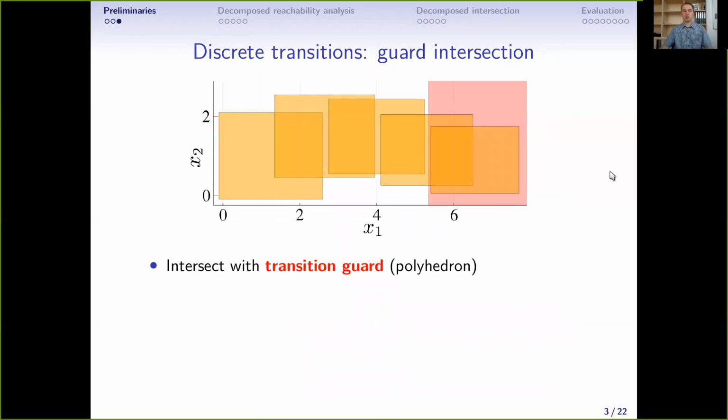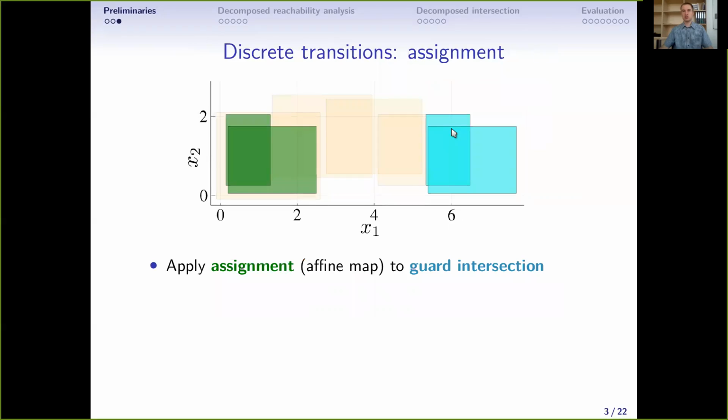So this was the part for being in a location, but then when you take a transition, you have to check that you satisfy the guard. So you intersect with this guard, and then the set that you obtain, this intersection, you will then apply the assignment to, and then in this case, you get to this green set.